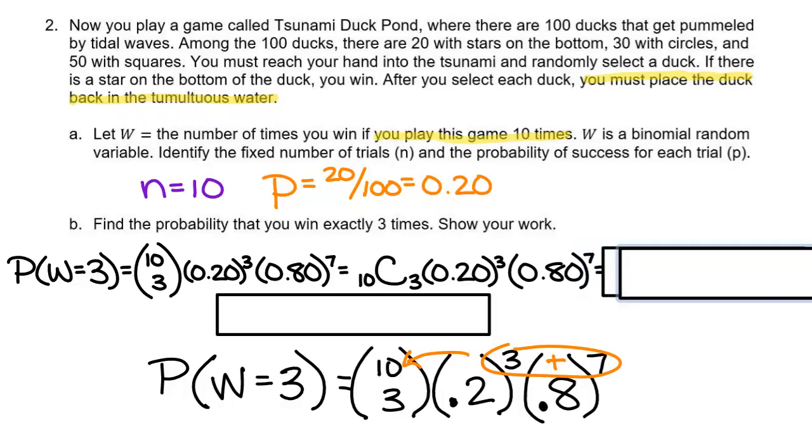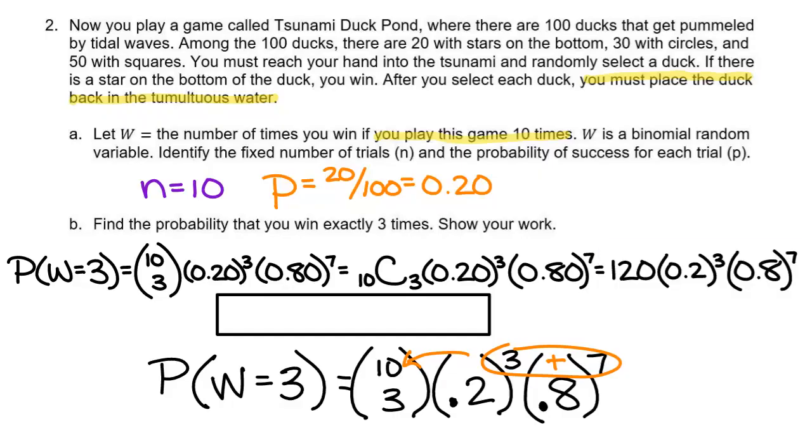So this is the way you would type it into the calculator. What is 10C3? 120. So you can put it into the calculator just like this, or you can calculate 10C3, get this, and then put it like that into your calculator.